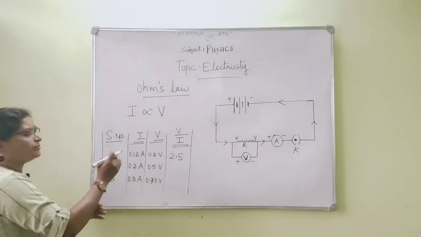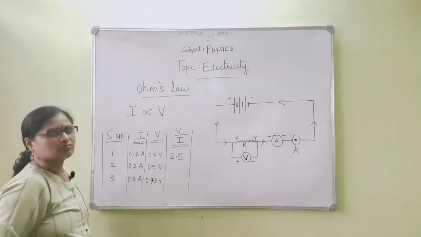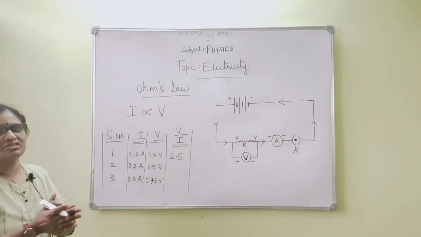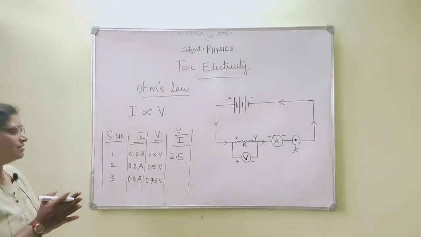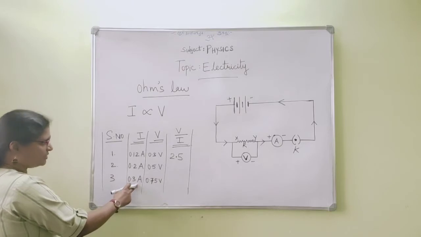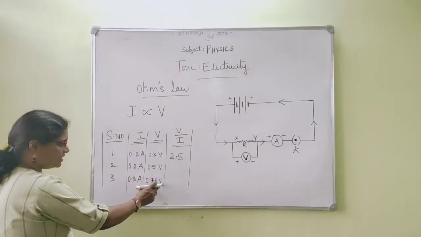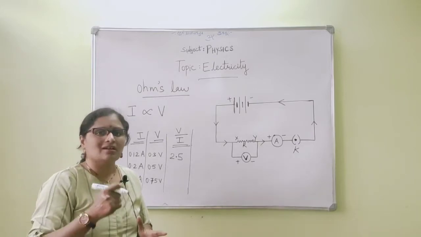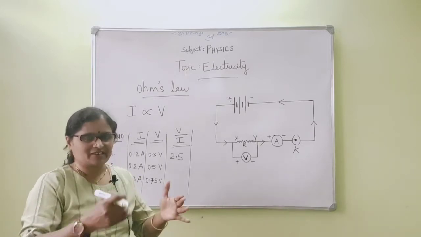Similarly, in the third step, when we take 3 cells in the circuit, we once again measure the ammeter and voltmeter reading. So here we get the ammeter reading as 0.3 ampere and voltmeter reading is 0.75 volt. So this is how we record the ammeter and voltmeter readings respectively.